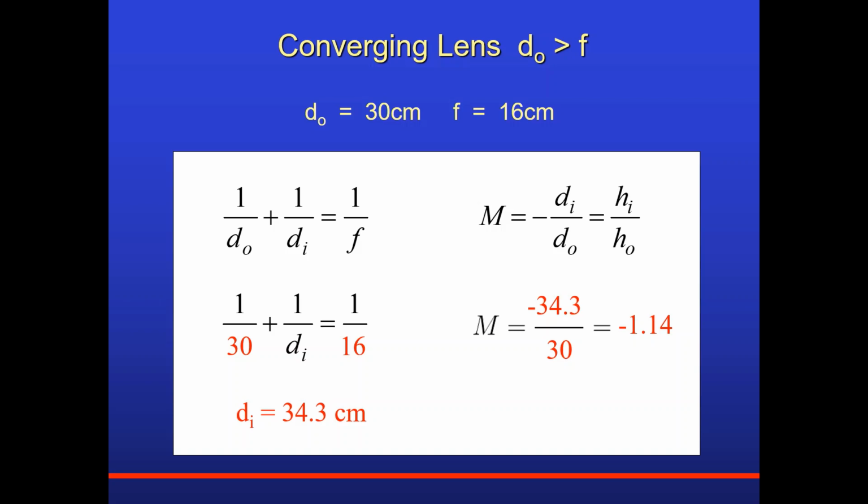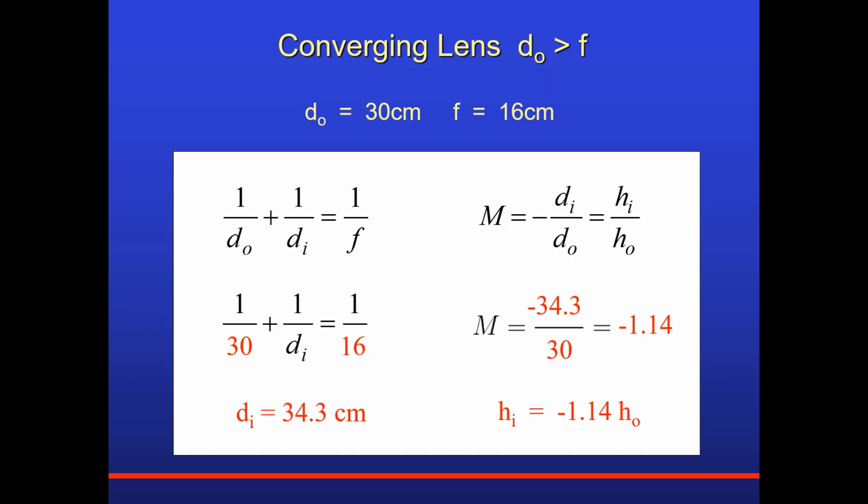So this is equal to the ratio HI, the image size, to HO, the object size. Therefore, if HI over HO equals that number, I can conclude HI equals minus 1.14 HO.